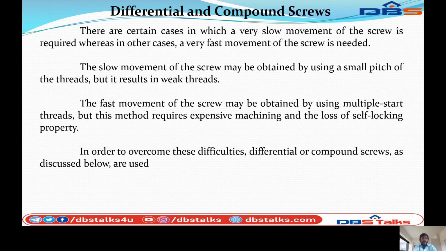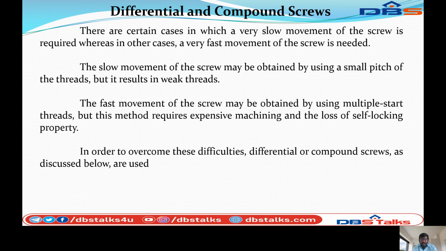So next, differential and compound screws. There are certain cases in which a very slow movement of the screw is required, whereas in other cases a very fast movement of the screw is needed. The slow movement of the screw may be obtained by using a small pitch of the thread, but the result is a weak thread.